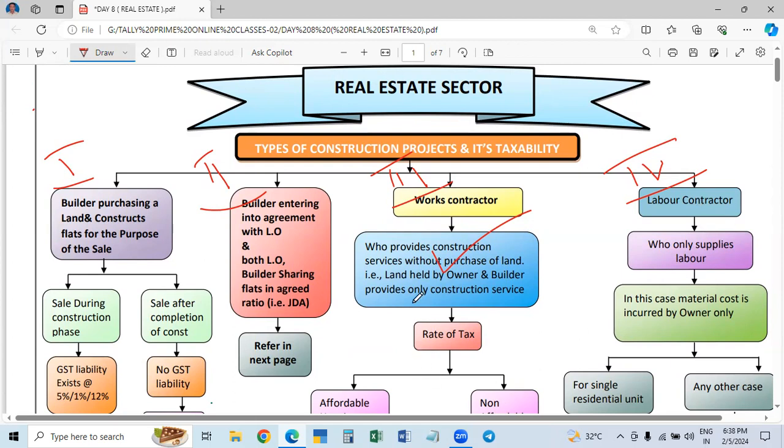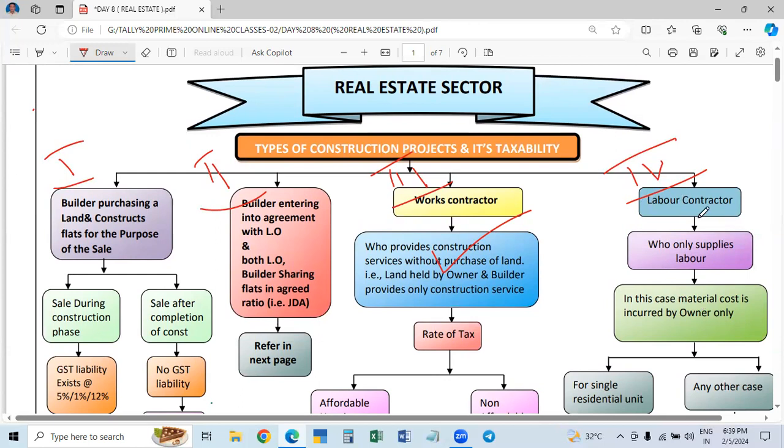The reason is, if both material and labor are supplied by the builder, he may use a very small quantity or inferior quality of material. To avoid that, the owner says, I will supply the best quality material, and you supply only labor and complete the construction work.